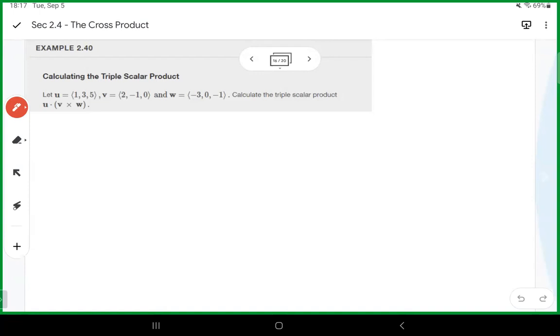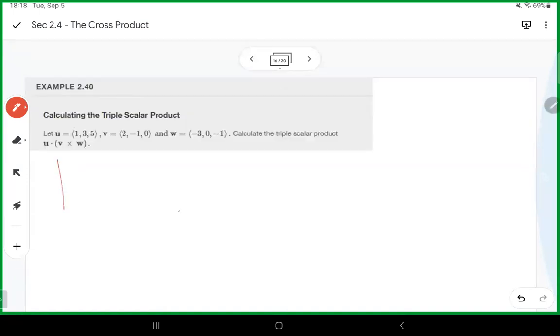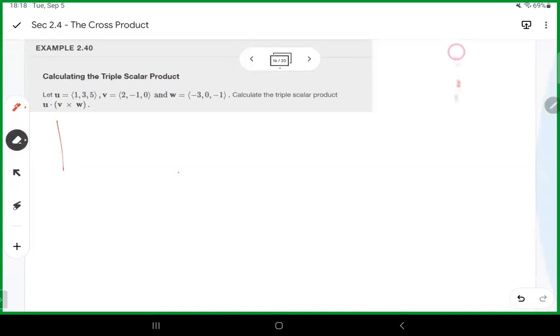All right. So we're going to apply the triple scalar product, and u is 1, 3, 5, v is 2, -1, 0, and w is -3, 0, -1. So first thing we're going to do is throw it into our 3x3. So 1, 3, 5, 2, -1, 0, -3, 0, -1.